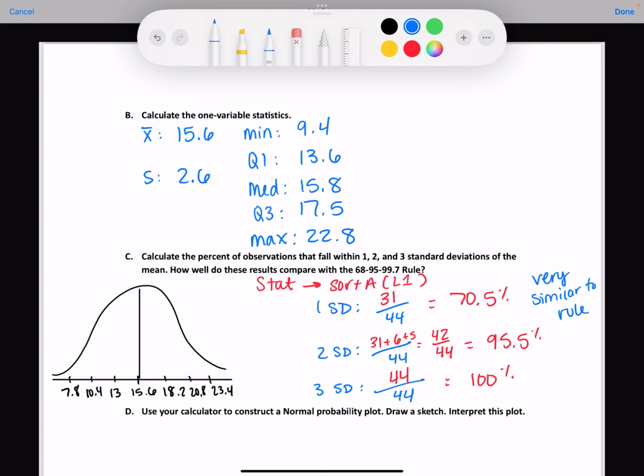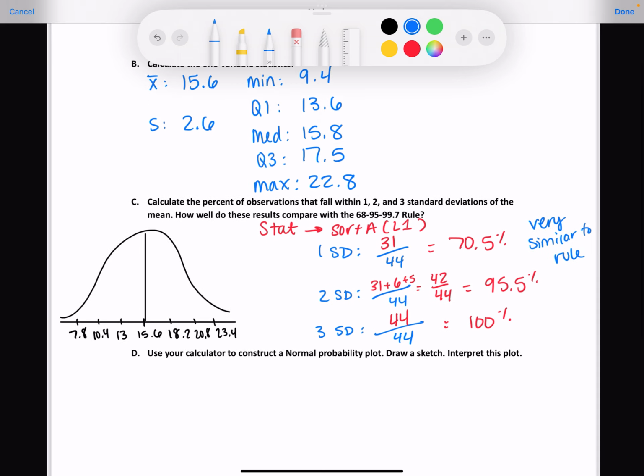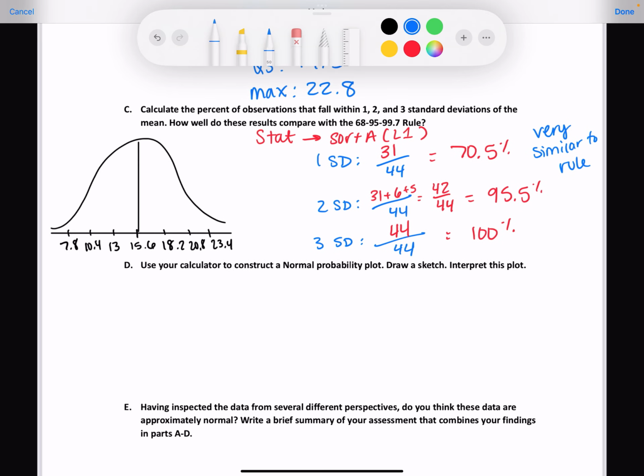All right, so now you need to go back for part D to second y equals, so go to your stat plot. We are now looking for this option that looks almost like a straight line of dots connected.